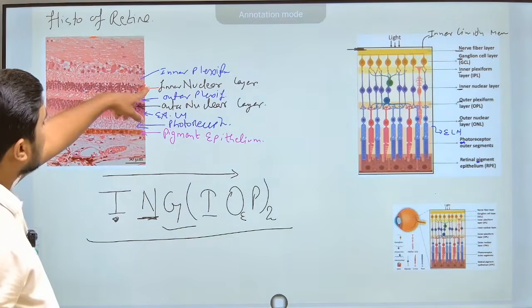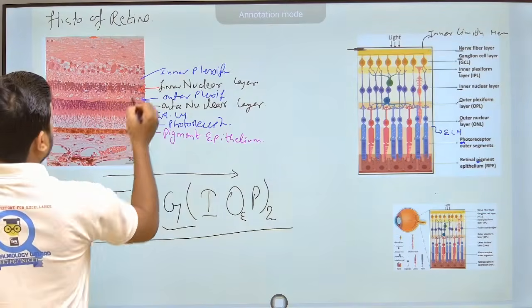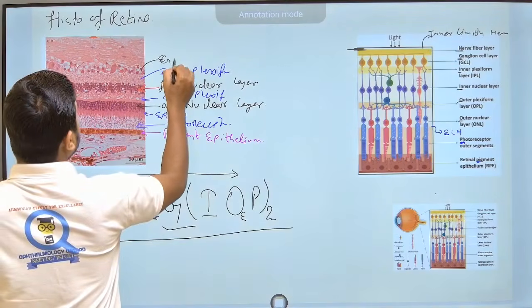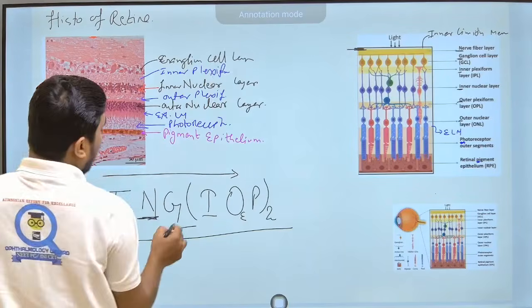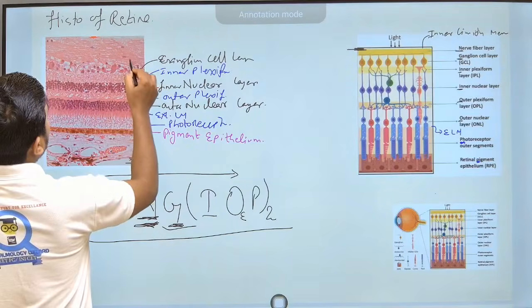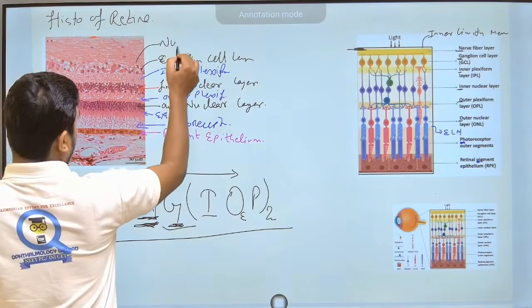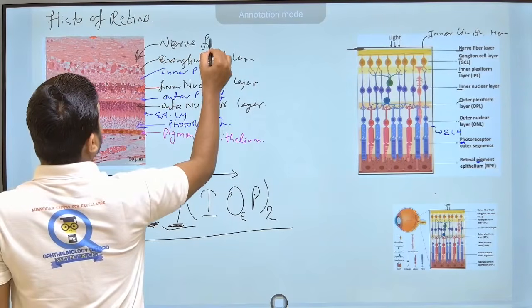Before the inner plexiform layer, we have this one, so I can say this is the ganglion cell layer. Before this will be the nerve fiber layer.